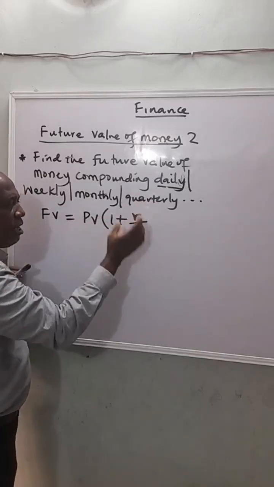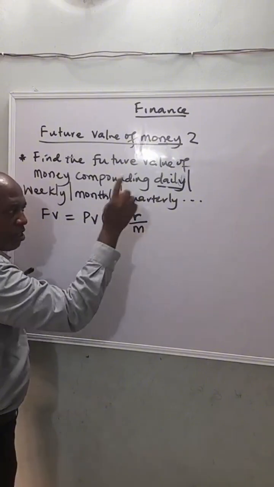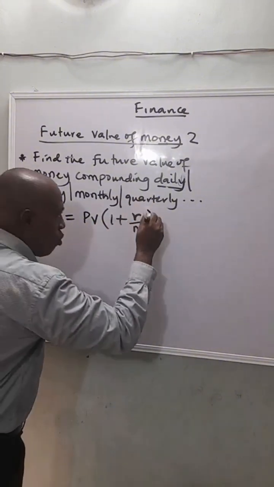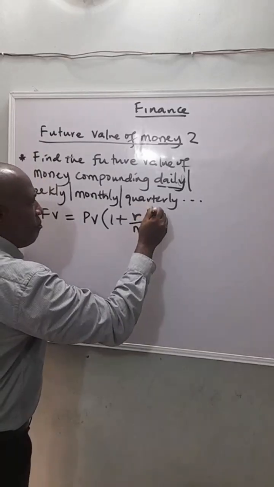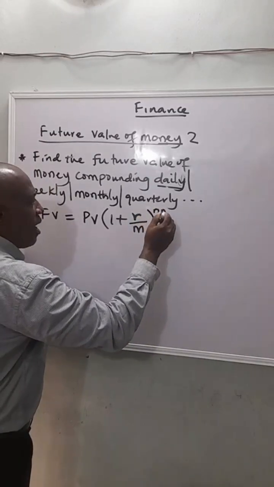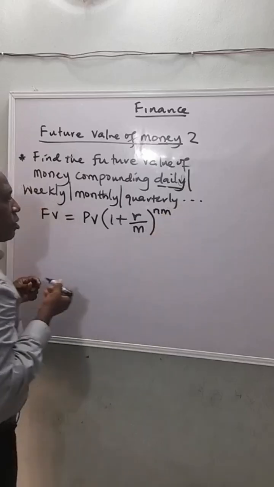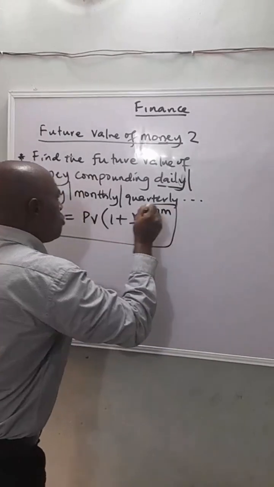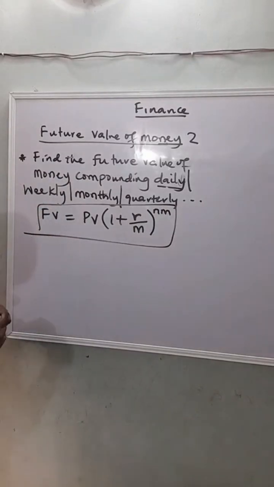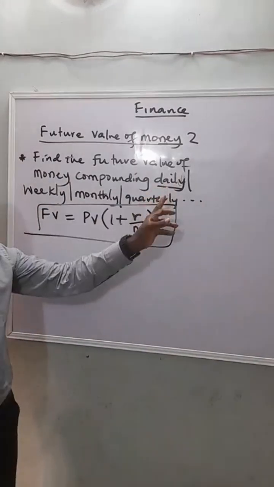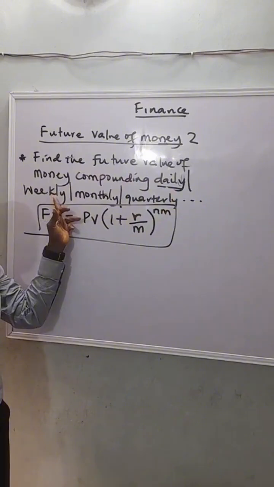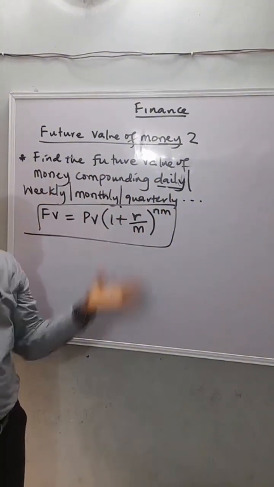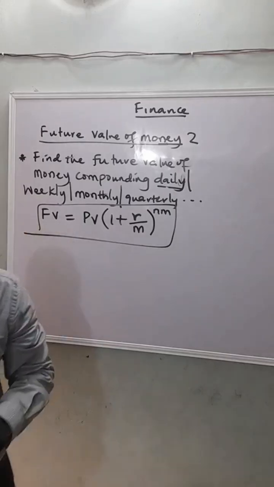If quarterly, M will be 4. If semi-annually, M will be 2, and so on. That is the formula to apply when compounding daily, weekly, monthly, quarterly, or even 100 times in a year.